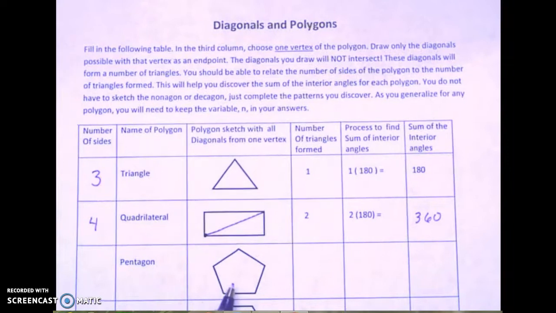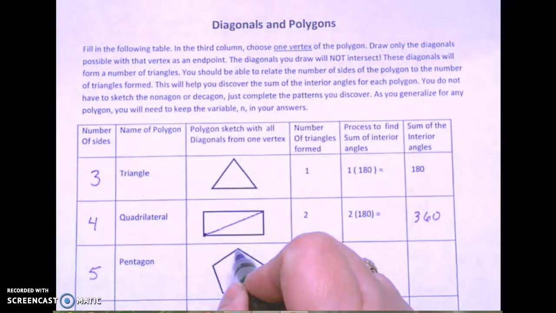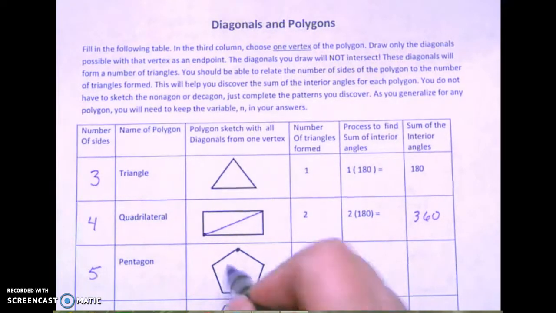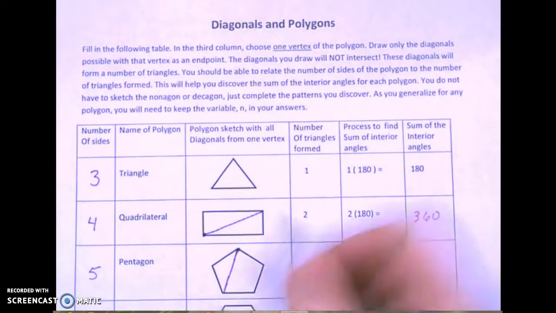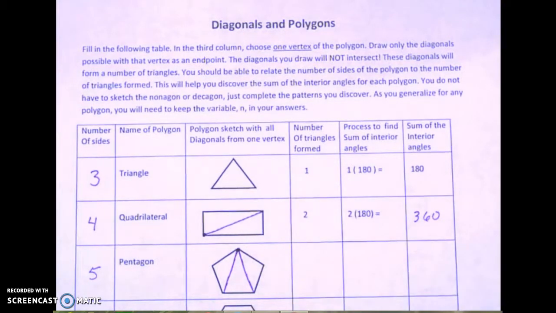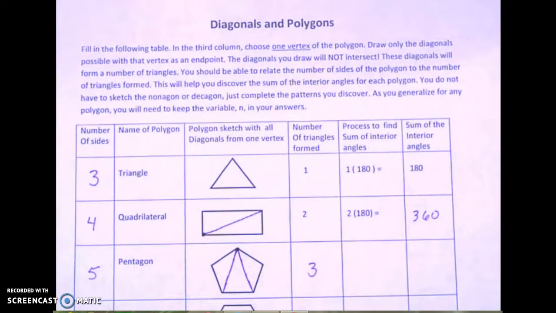If I look at the next shape, it's called a pentagon. It has 5 sides. If I choose a vertex, I'm going to choose this top one, and I want to draw the diagonals from that vertex. I can draw a diagonal here, and I can draw a diagonal here. That's cut my pentagon into 1, 2, 3 triangles.